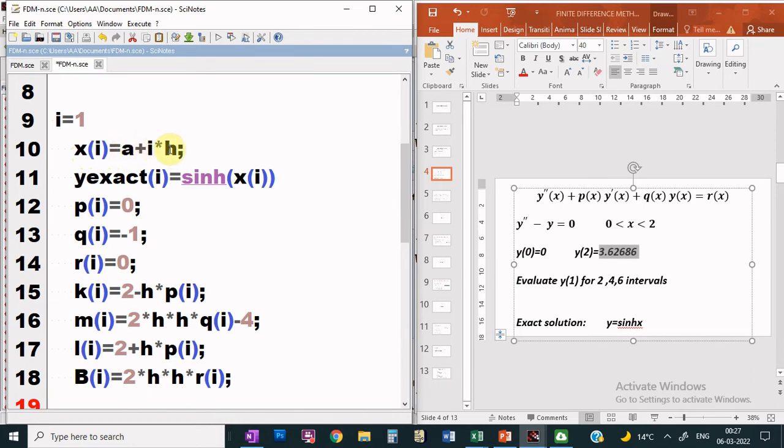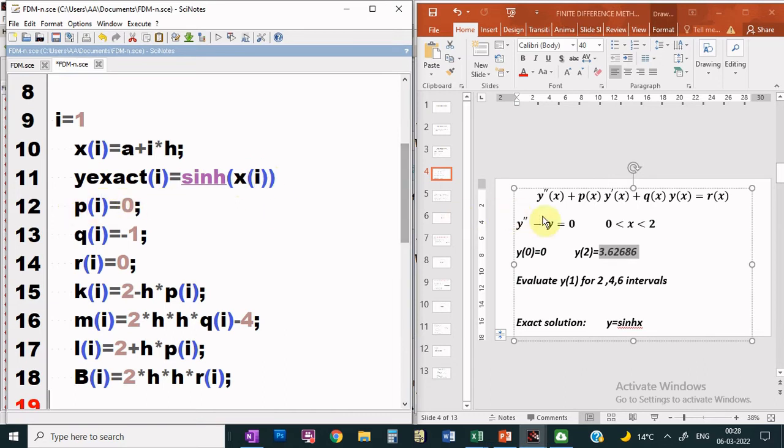So we are taking this to be general, a plus i h, since i is equal to 1. So for our case x1 will be a plus h, and this is the exact value which we are also computing, because we will be comparing our computed value with the exact value. So y exact we are computing at this new coordinate, which is sinh xi.